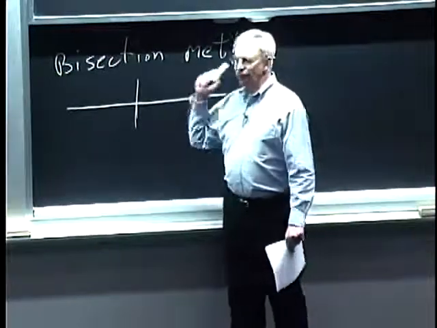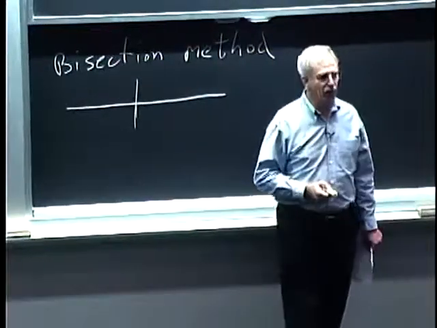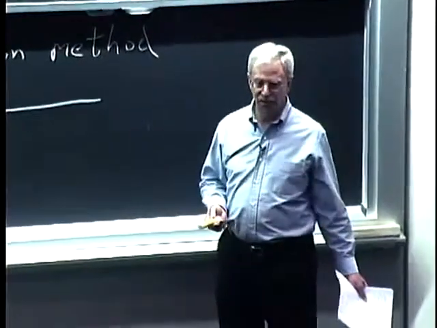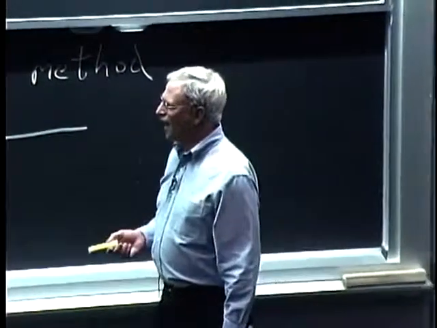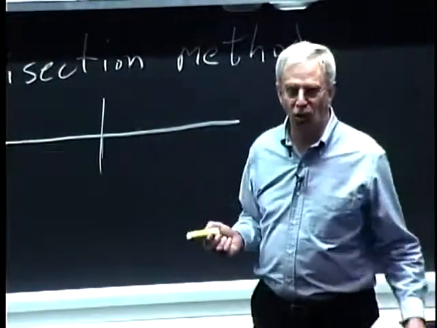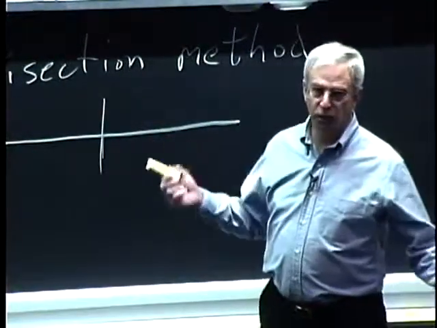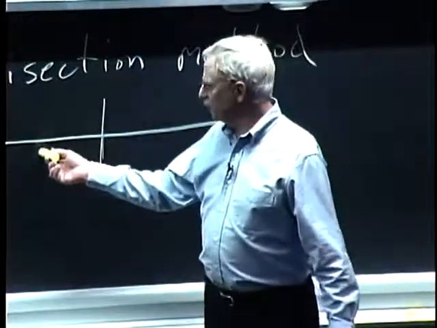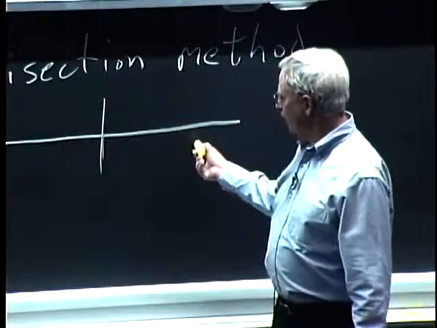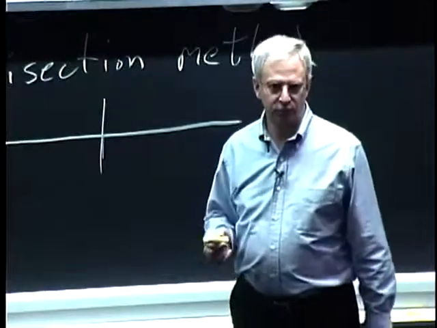So if I guess that 89.12 is the square root of a number, and it turns out not to be the square root of the number, I have a way of saying, is 89.12 too big or too small? If it was too big, then I know I better guess some number over here. If it was too small, then I better guess some number over here.